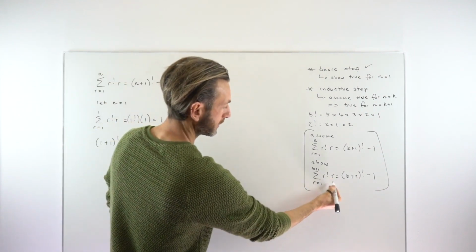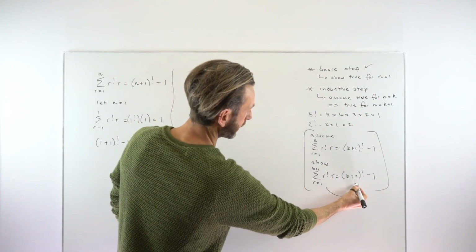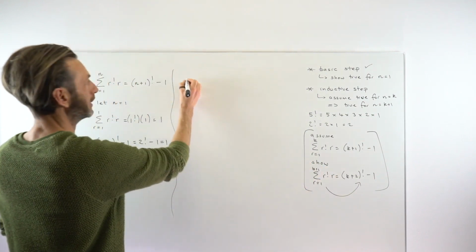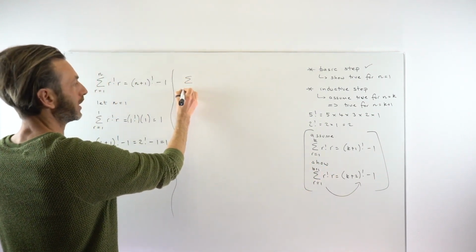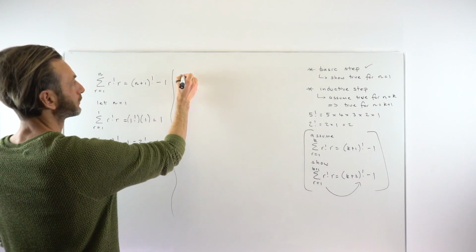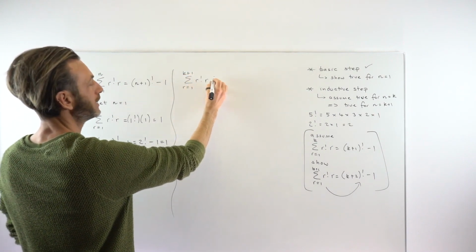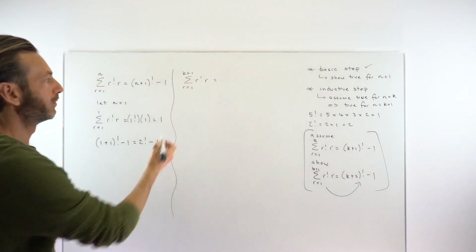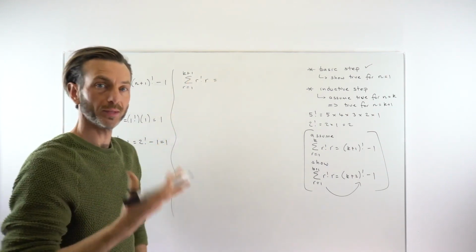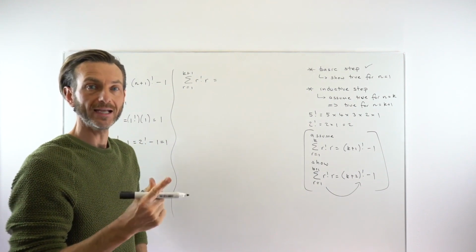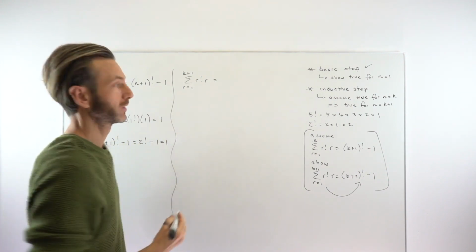We want to start with this here and somehow show that we can turn that into that. So we're starting with this guy here. So it's going to be the sum from r equals 1 to k plus 1 of r factorial r. This is a sum from 1 to k plus 1. We're going to split that as a sum from 1 to k plus that final term, the k plus 1th term.